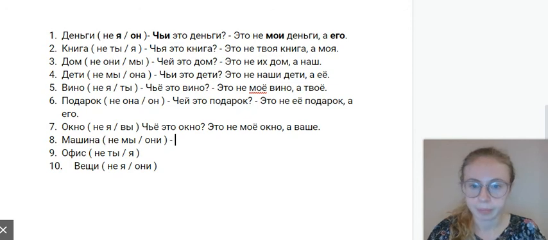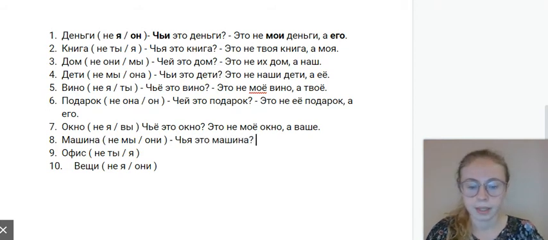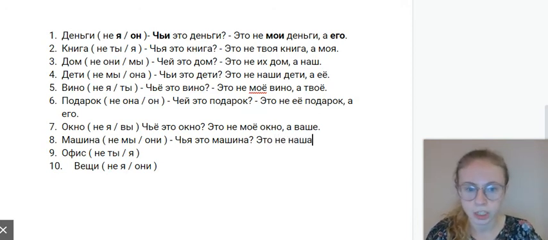Number 8. Машина, car, машина, feminine noun, a ending. So, чья, feminine form of whose, чья это машина. Это не мы, они. Не наша, feminine form, because машина is feminine.